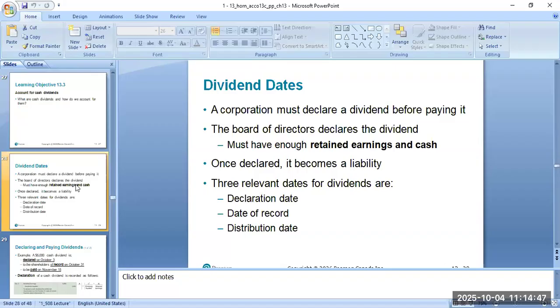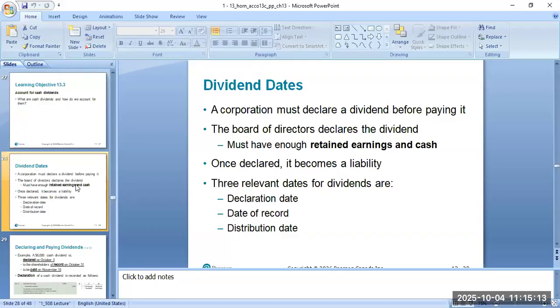Do we have enough retained earnings? Because if you don't have retained earnings, there's no dividend. And second, if we're giving cash, do we have enough cash? Because we don't want to sacrifice our working capital by giving that cash to our shareholders as a cash dividend.